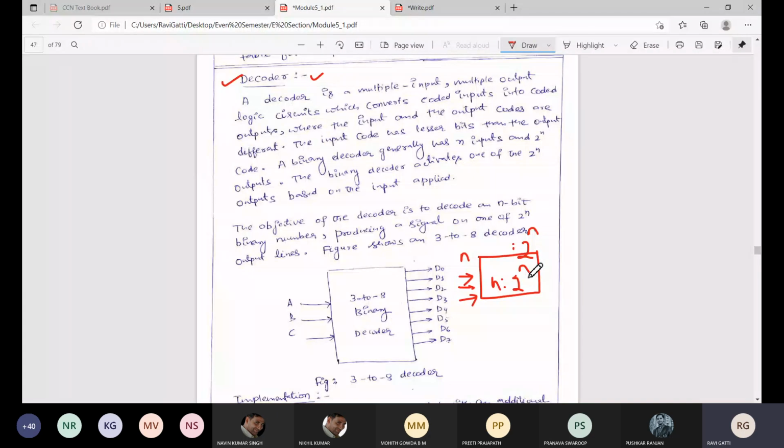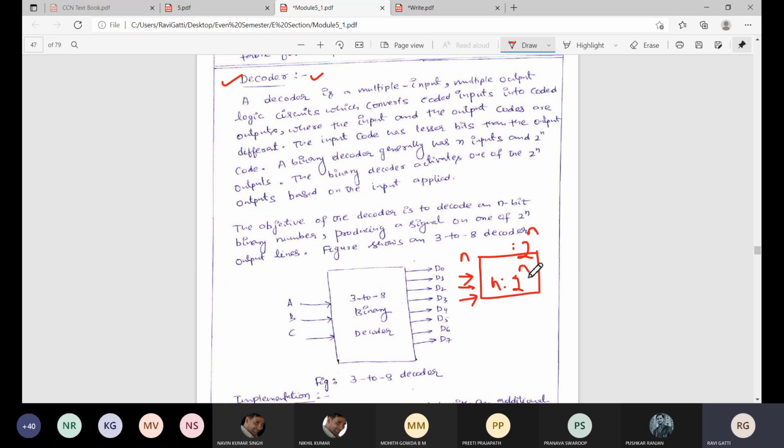Just for explanation, let's say you have 1 MB of data, and I use some mechanism to convert it into 3 KB of data. That we call an encoder.